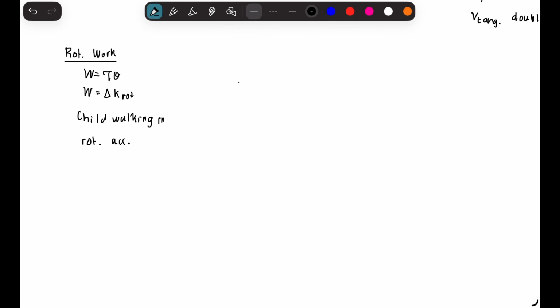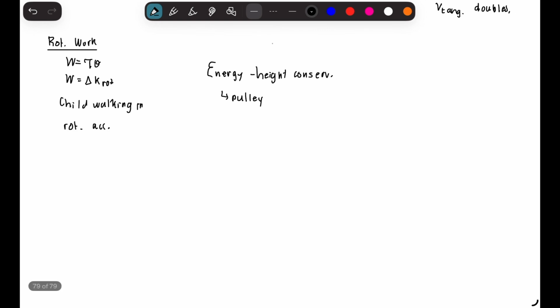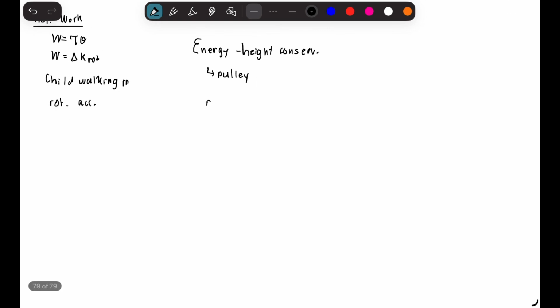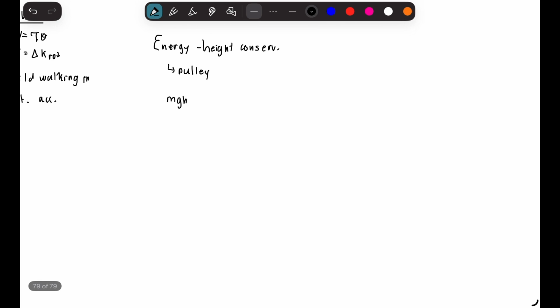In addition, you have energy height conservation. You can think of this when you have a pulley. So, for example, when you have the flywheel problem, your mgh is going to equal your loss in rotational kinetic energy.